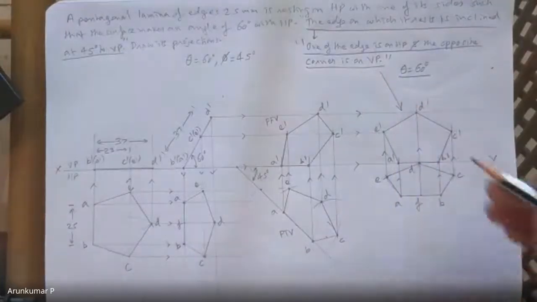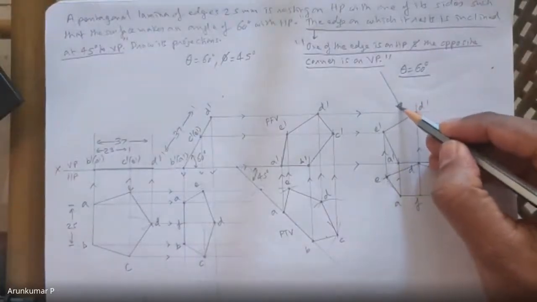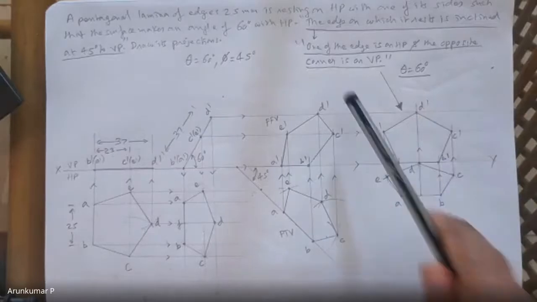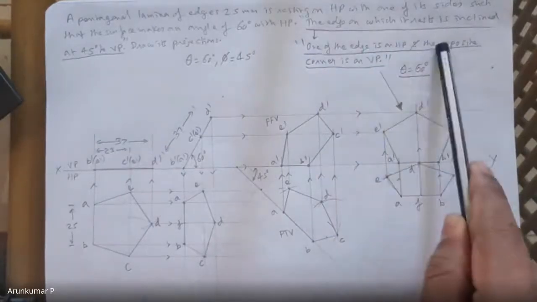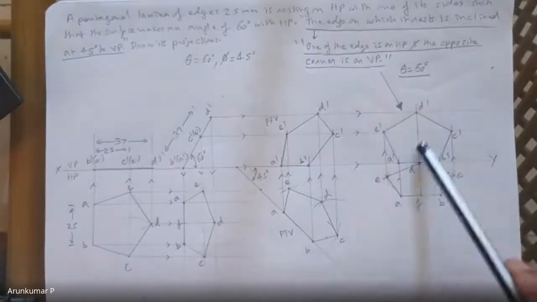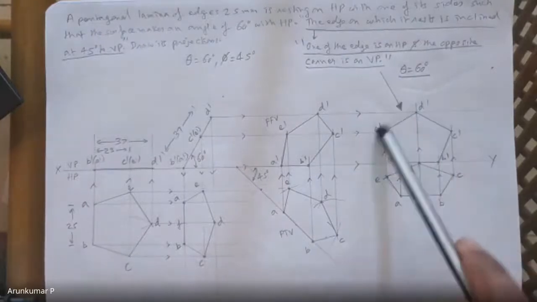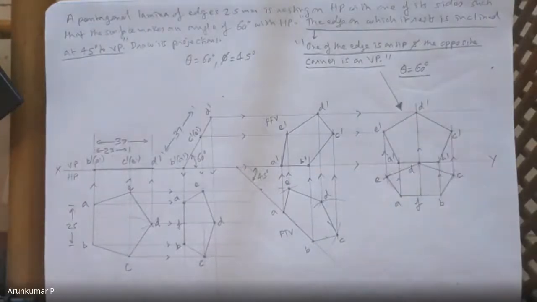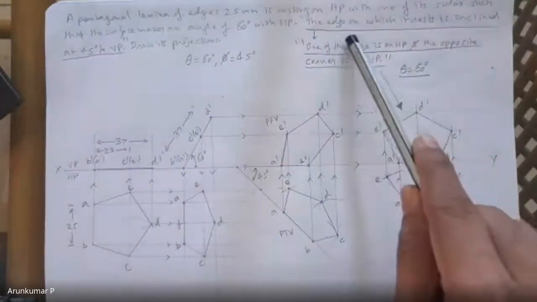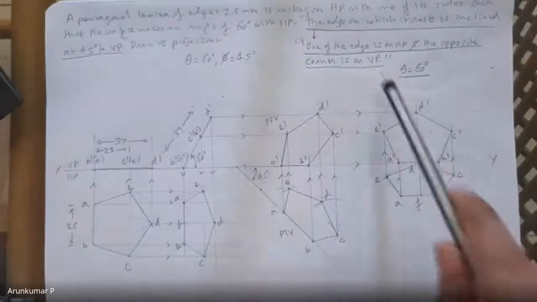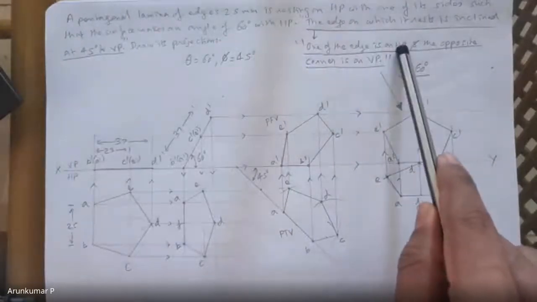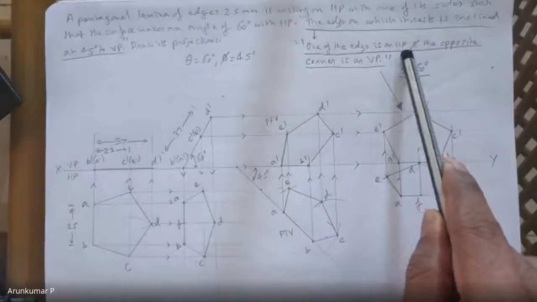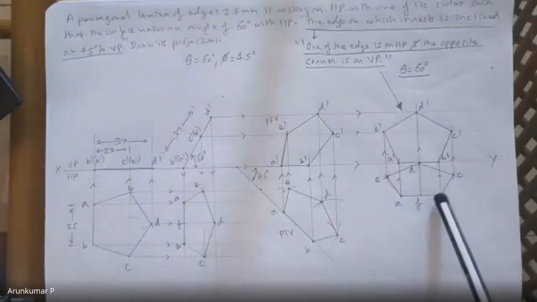So this is the case where one of the edges is on HP and the opposite corner is on VP. So this is the third step. Now how do I know it is correct? You can cross check. See if any edge is on HP, then you can say that AB is on HP.